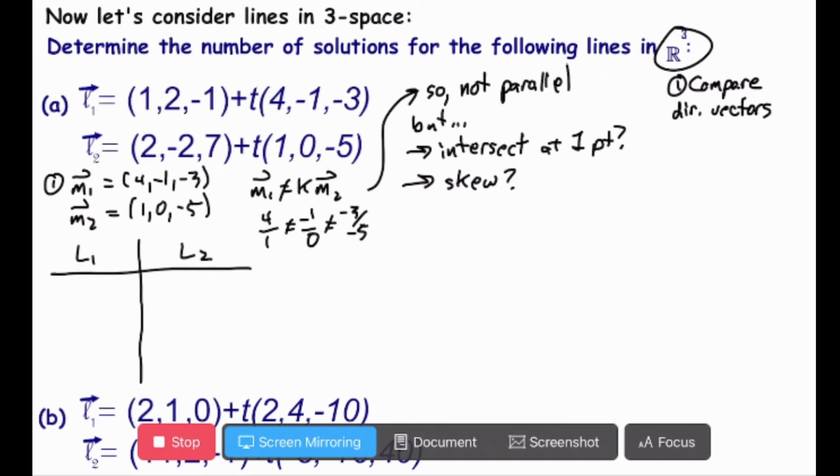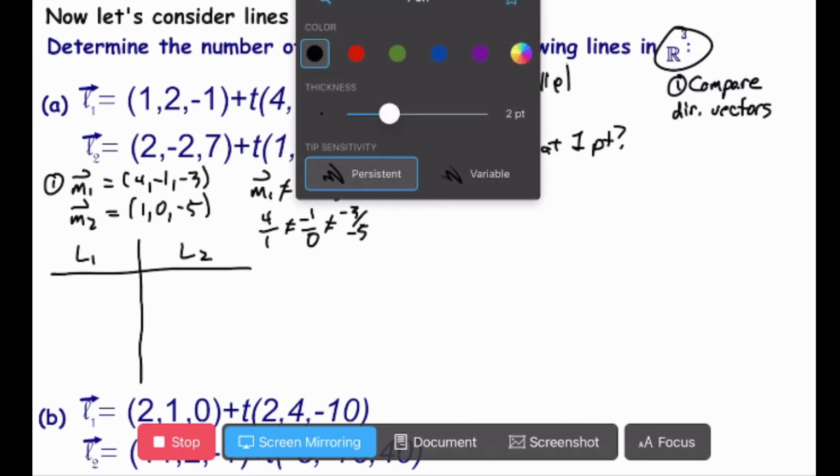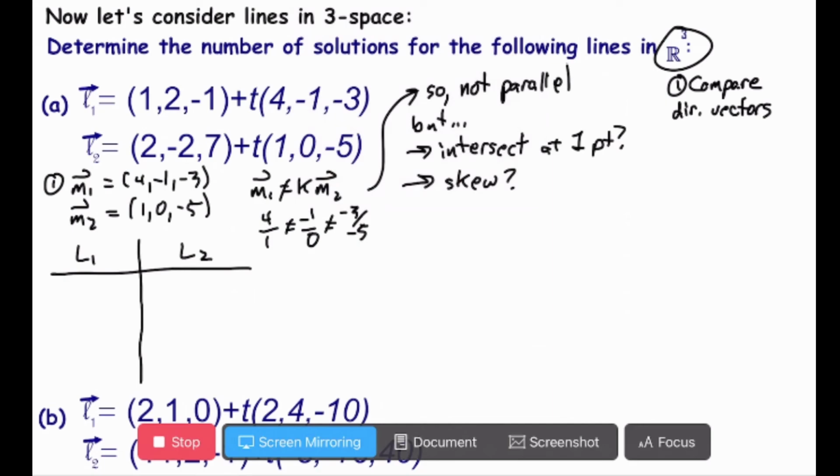I'm going to convert each of my lines from vector form to parametric form. As I do that, I'm going to make a slight change so we don't get confused about what value goes with which line. I'm going to change my parameter t into an s, because it's just a variable and it doesn't matter what we call it.